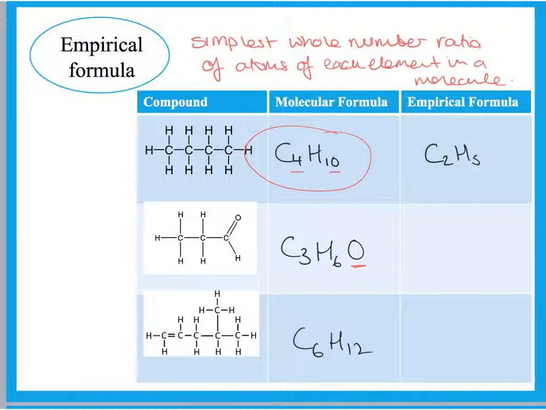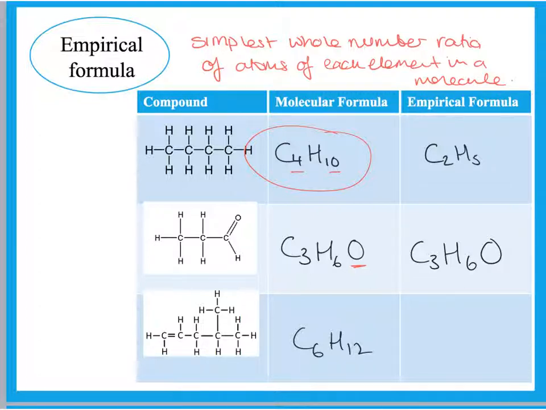So your empirical formula, 3 divided by 1 is 3, 6 divided by 1 is 6, 1 divided by 1 is 1. In this case, your empirical formula is already the simplest ratio. So don't be afraid if you're looking for an empirical formula and actually you can't simplify it. Maybe the molecular formula is the same as the empirical formula, which is the case quite often.